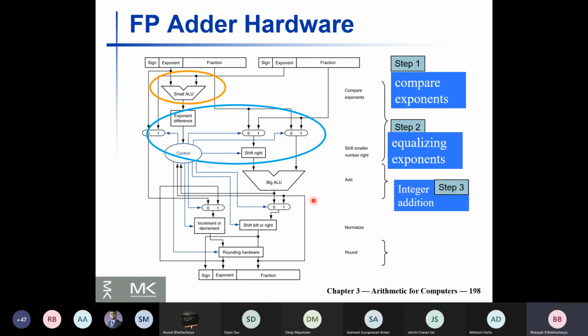Okay, this is an important step. This addition is, however, integer addition, because you are going to add the significand values, right? That's simply integer addition here. So whatever integer adder circuit you have can be employed here. The big ALU takes care of that. So basically, in this hardware, you have floating point addition, but it breaks down into several steps.